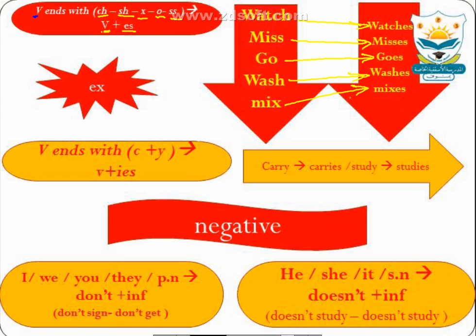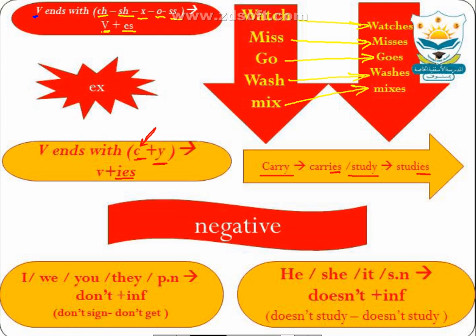And if the verb ends with y preceded by a consonant, we turn y to ies. For example, carry, carries, study, studies.